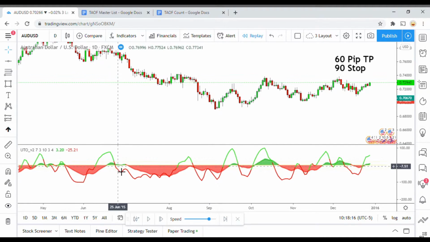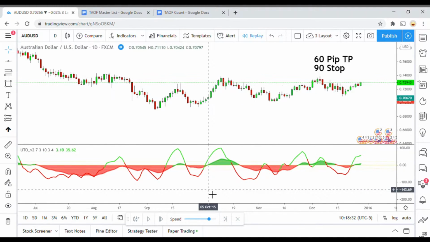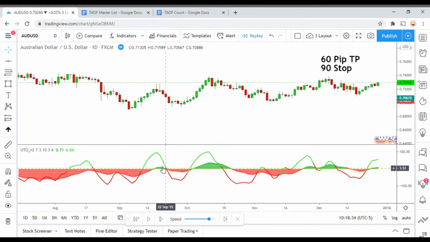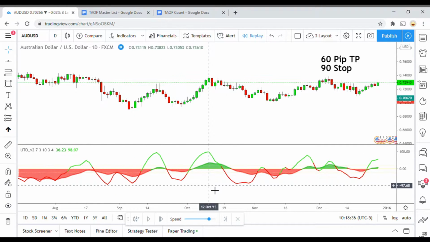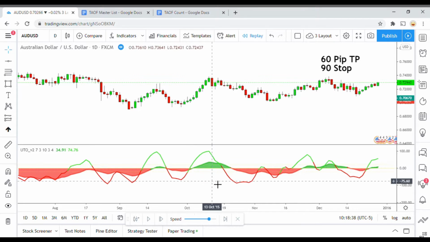I would say that this method would work on the cross, up or down the zero line cross. So as it crosses the zero line, if the oscillator is red and the sentiment is red, then that would be a really strong signal. But rarely do you get that. I guess this one here does.